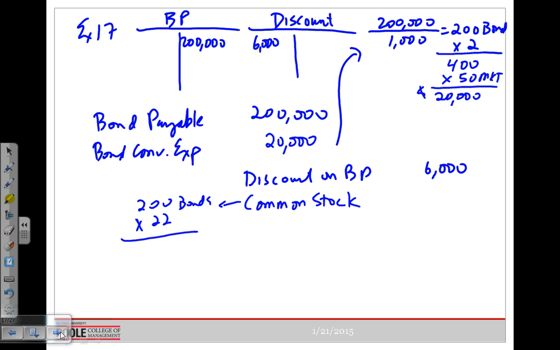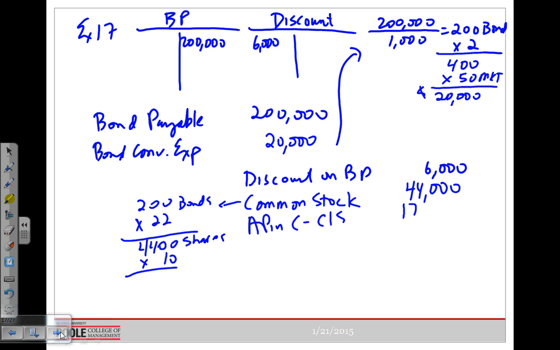And that's going to give me 4,400 shares. And each share has a par value of $10. So I'm going to credit common stock for $44,000. And additional paid-in capital, common stock, is going to be the difference, $170,000.